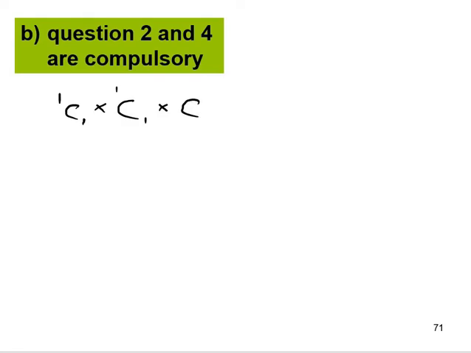We need to choose another 3 questions to make it 5, out of 6 more questions. And then we are going to multiply everything. 1C1 we are going to get 1, multiply by 1, and 6C3 is 20, so the final answer is 20.